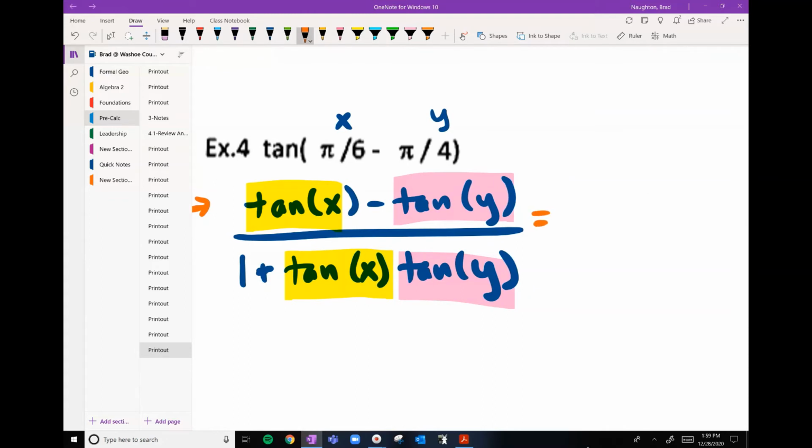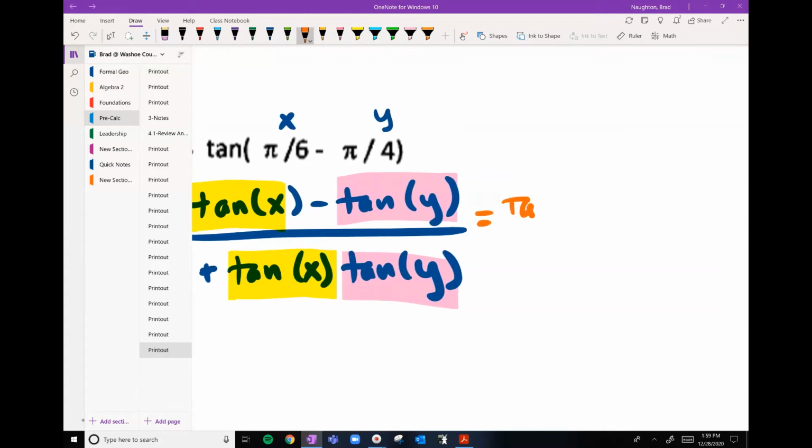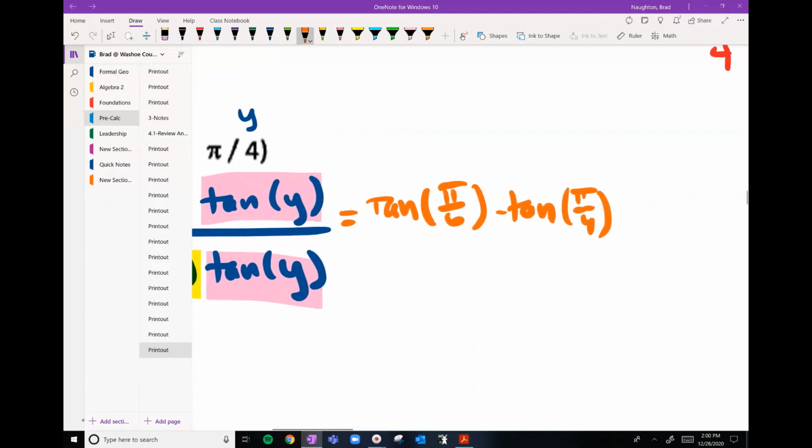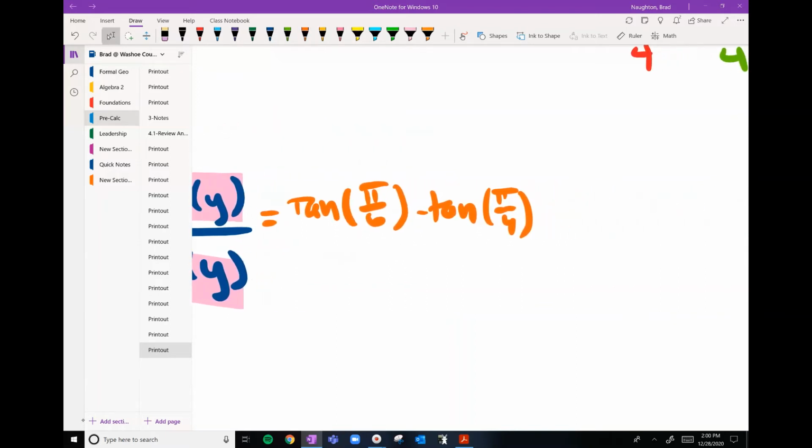All right. So let's go with this tan of pi over 6 minus tan of pi over 4. So, ladies and gentlemen, that's going to go ahead and give us root 3 over 3 minus 1. Because I need this to be one fraction, and this is going to be a crucial part of our tangent ones, I need this numerator to be one fraction.